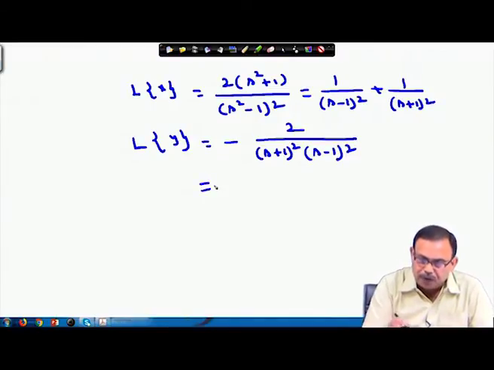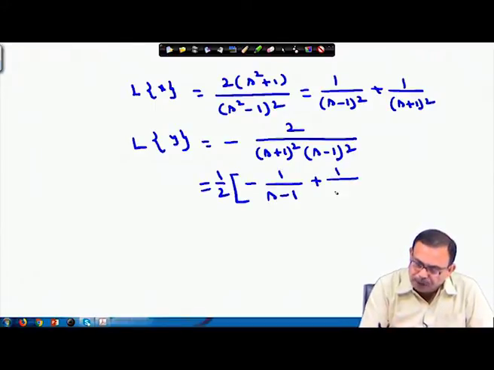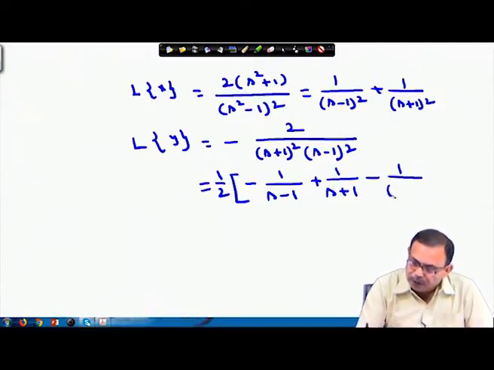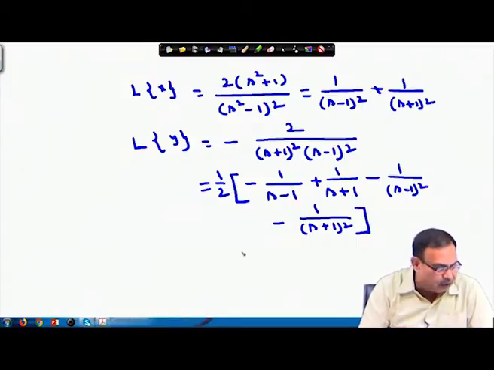Similarly, Laplace transform of y, this one also I can break it like half into minus 1 by s minus 1 plus 1 by s plus 1 minus 1 by s minus 1 whole square and minus 1 by s plus 1 whole square. I can break it like this.